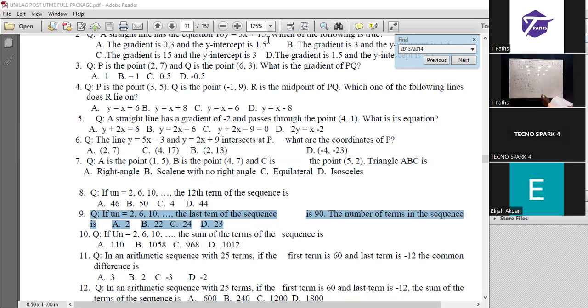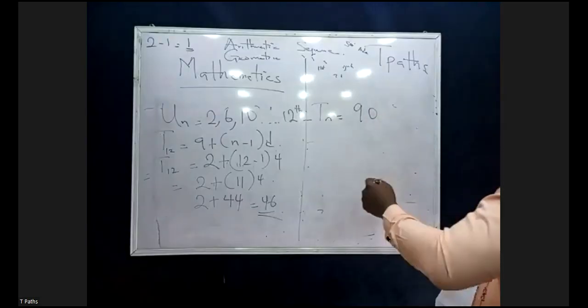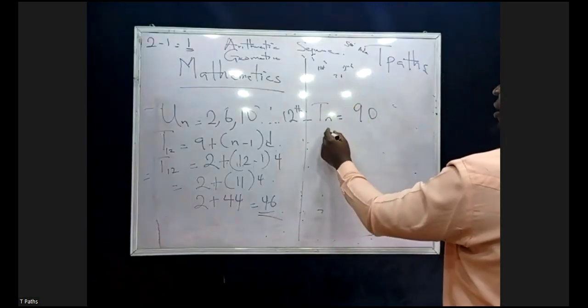Un is of the same sequence, 2, 6, 10, and you were given that the last term Tn is 90. The last term for the 12th position is 46, but this one says the last term is 90. Now they ask you for the n.